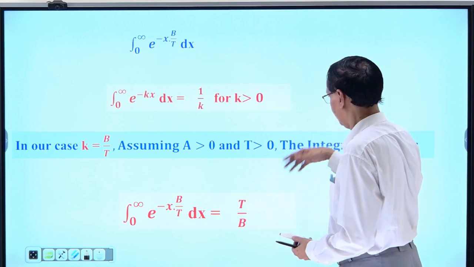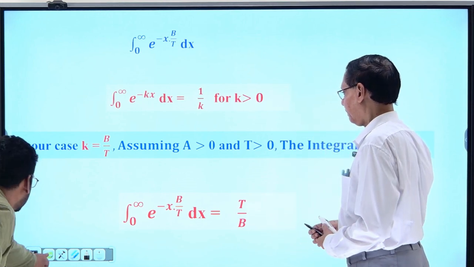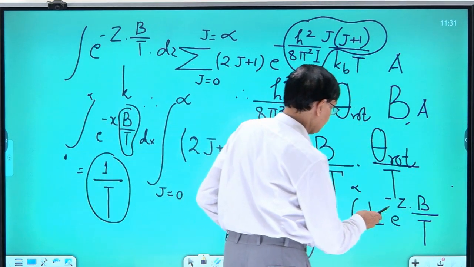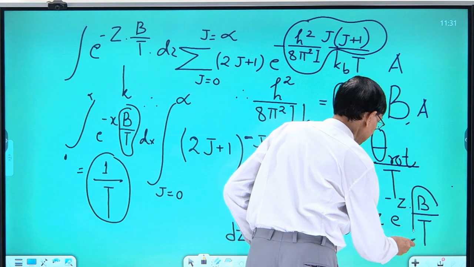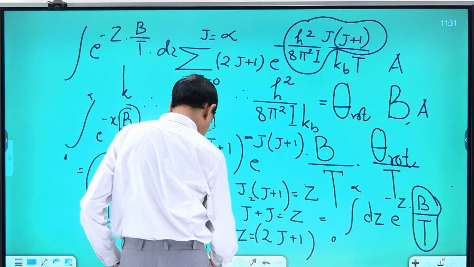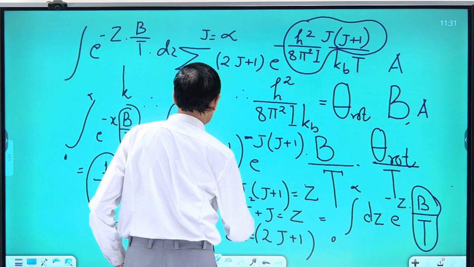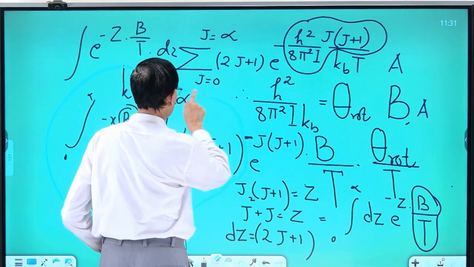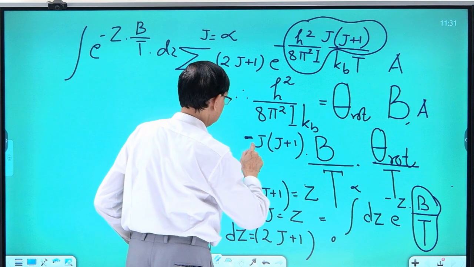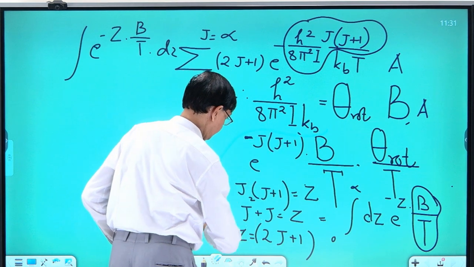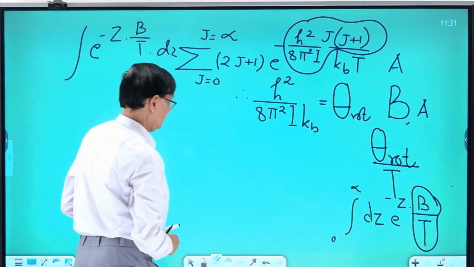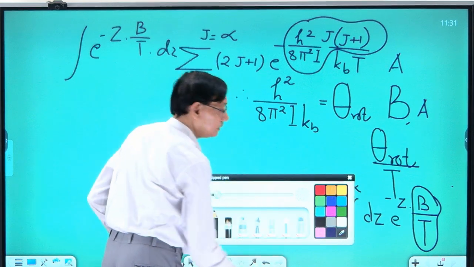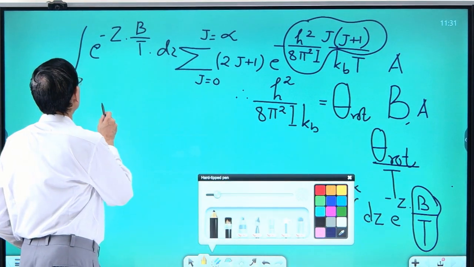So now I am coming to my original. Suppose I write b by t, I can erase some part. So what I am getting, now I can use some other color.